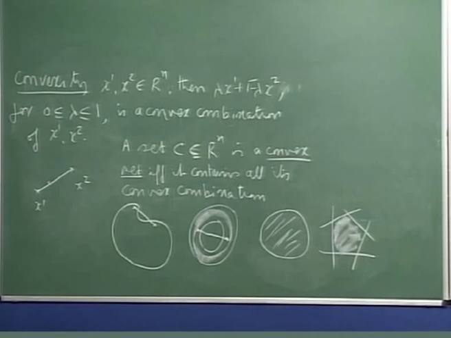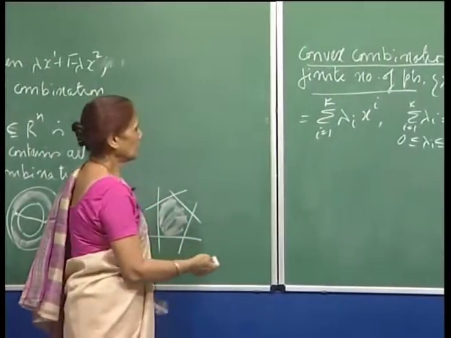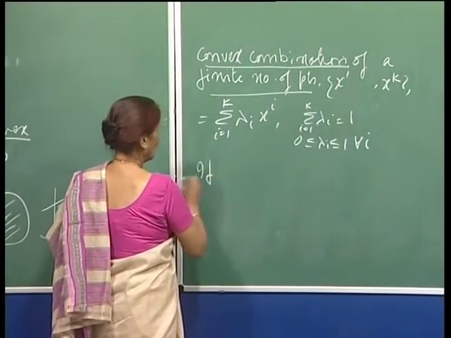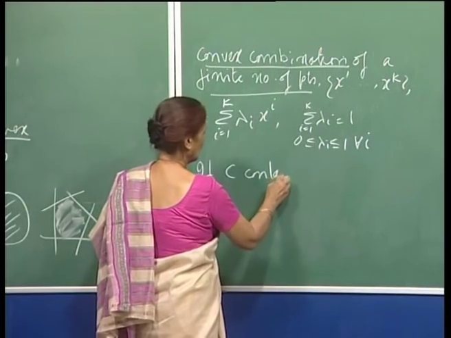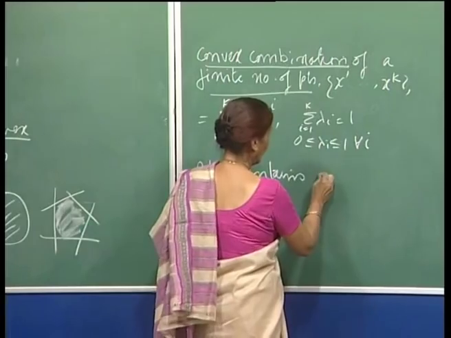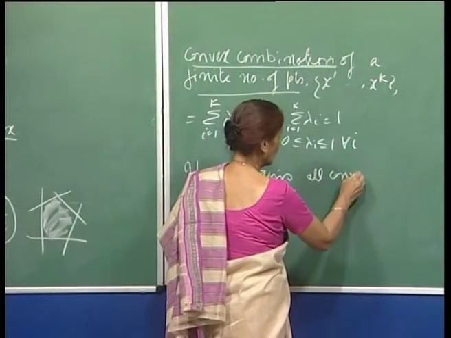Now, I can state a more general theorem and say that if C contains all convex combinations.